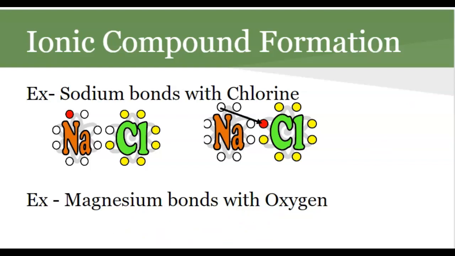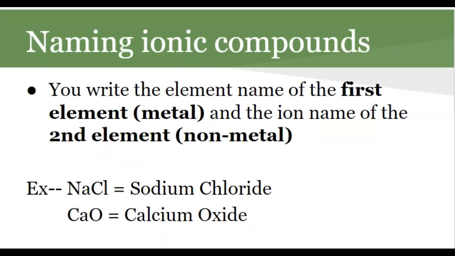All right, so continuing along here, we can name different compounds. The first one is the metal, and the second one is the non-metal. In here, we have sodium chloride.